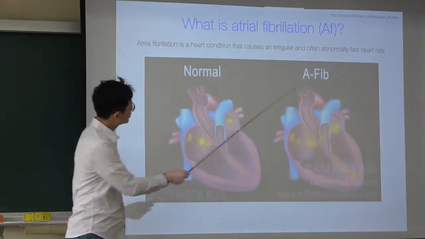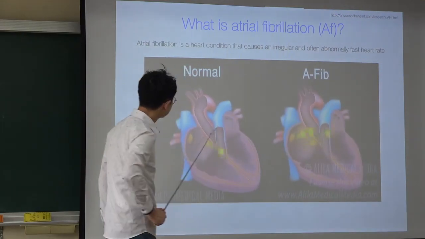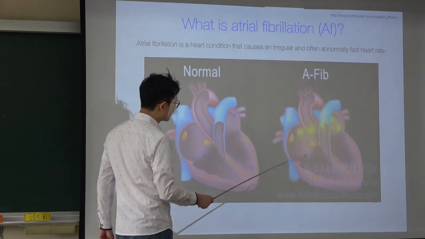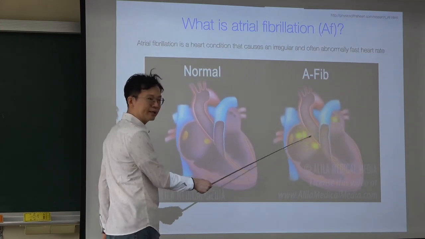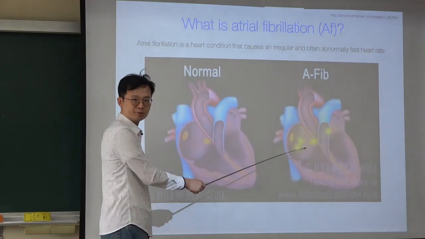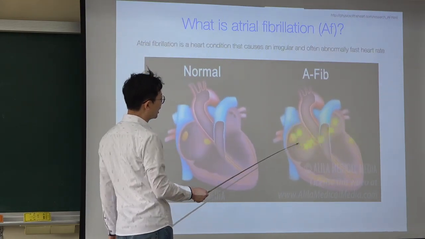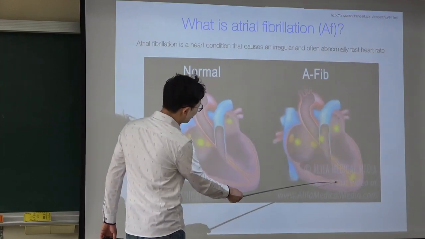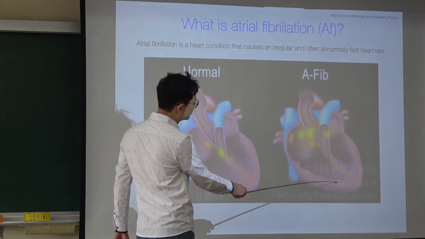But in patients with atrial fib, it is not only the SA node that is self-pacing. Inside the atrium, there are many crazy self-pacing nodes that are trying to conduct something, so that the heart will beat in a very irregular way.